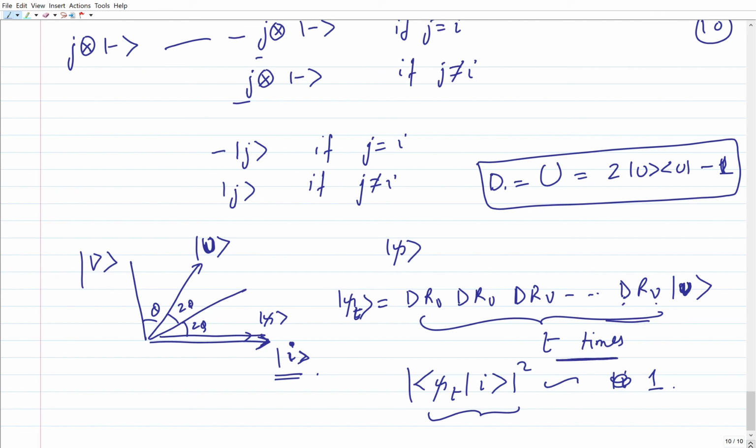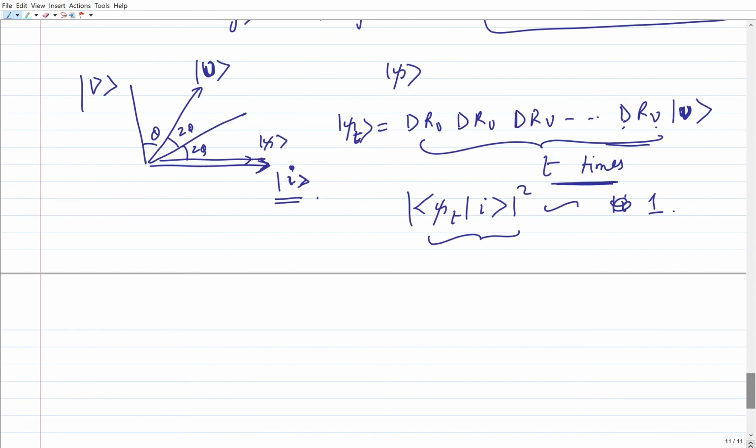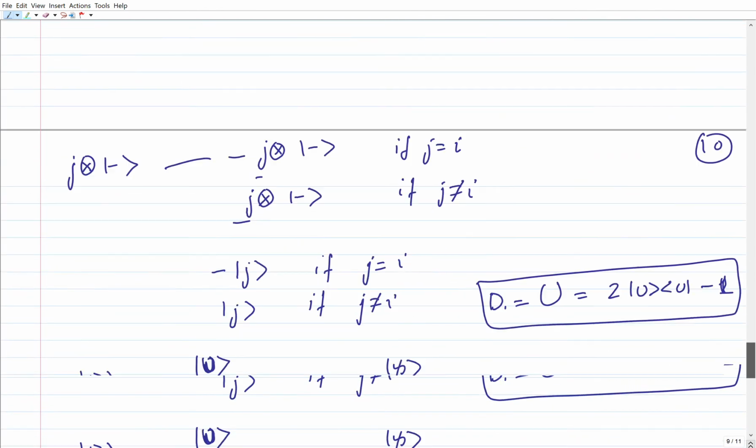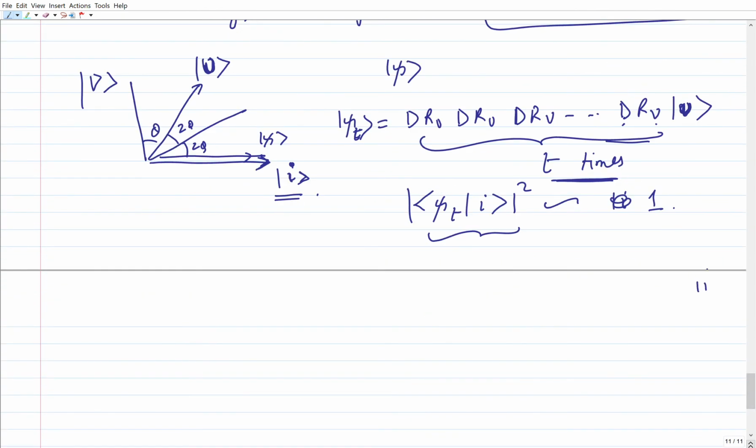Now the question remains how many times you'll have to apply these operators, the time complexity of this algorithm. Well, that's also rather easy to figure out. I'll just write V, U, and I. V and I were orthogonal to each other.